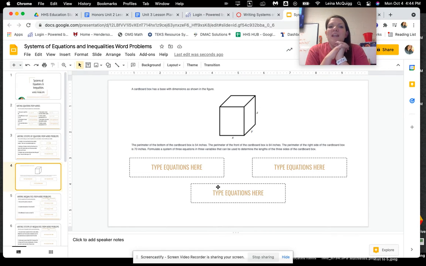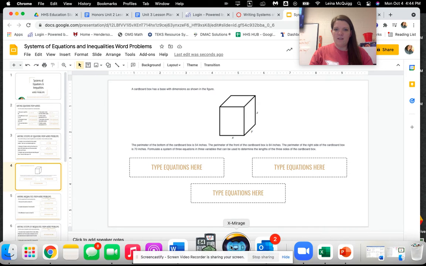Okay, now we have a cardboard box, and it's got a base with the dimensions shown in the figure. I think I want to connect to my iPad. The perimeter of the bottom of the cardboard box is 54 inches. Hold on, guys. I know I should have had this ready.